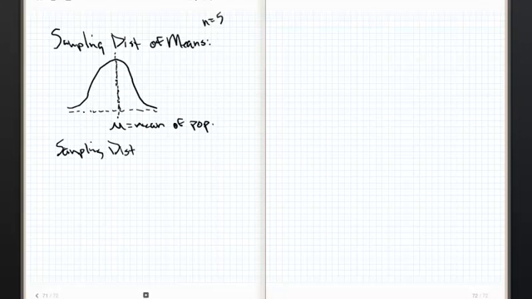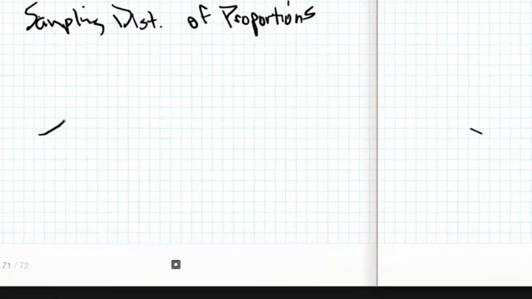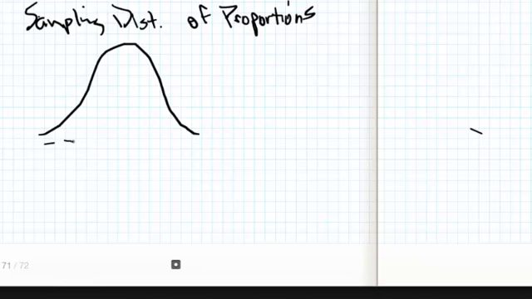Now, let's talk about the sampling distribution, one of the really cool ones as well, of the proportions. Guess what? The shape of the distribution, if I took all of those proportions and drew out their distribution, it would also be normal.